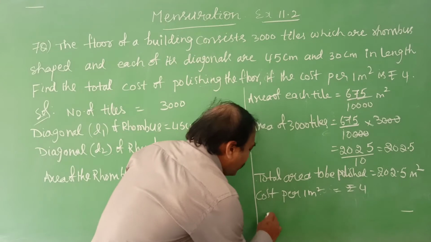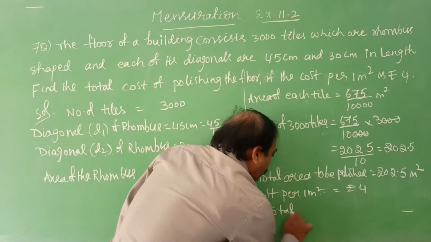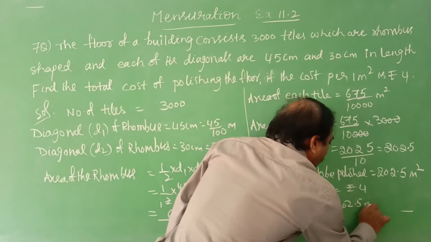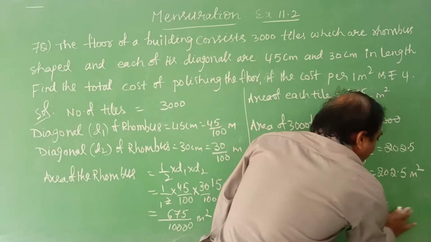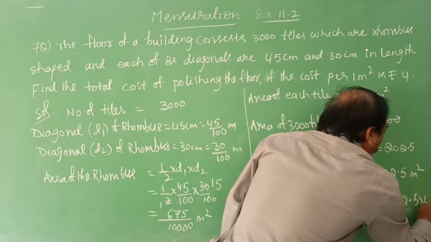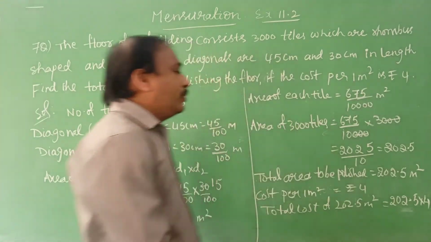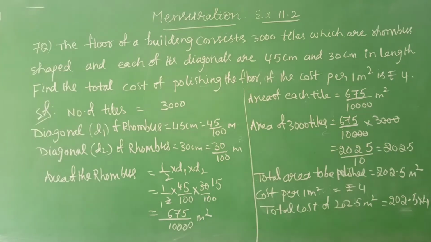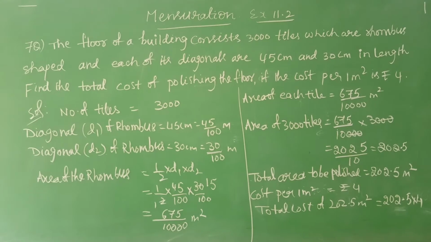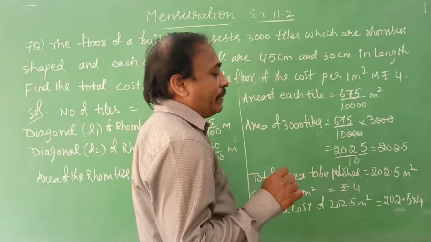So the total cost of 202.5 meter squares is equal to 202.5 into 4. If you multiply that with 4, you will obtain the total cost of the floor, how much they need to pay for polishing.